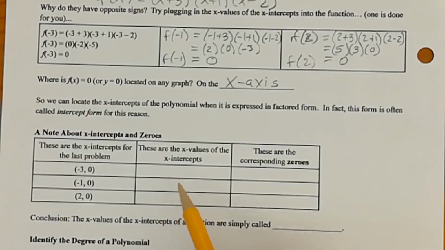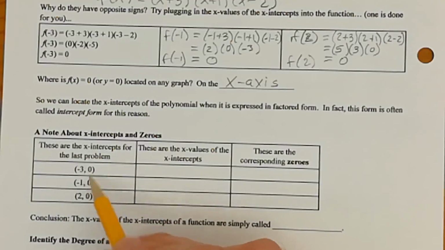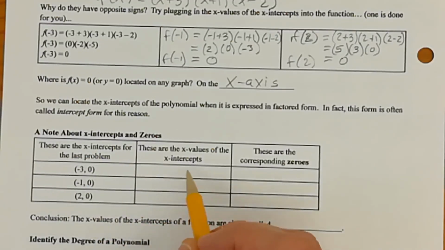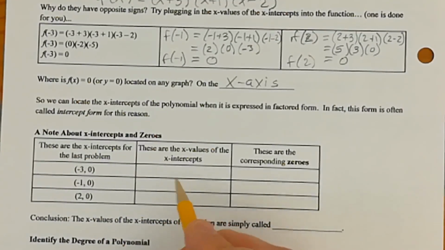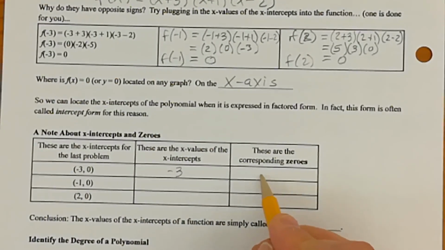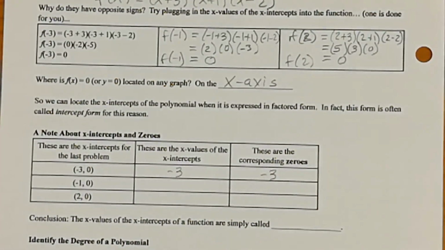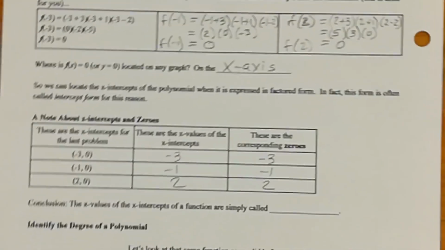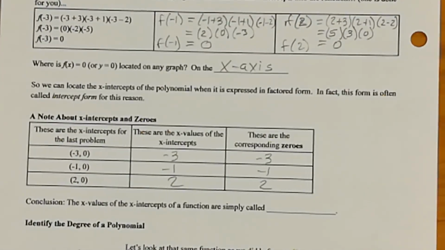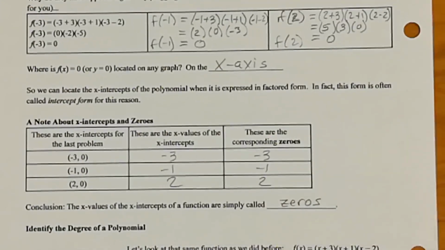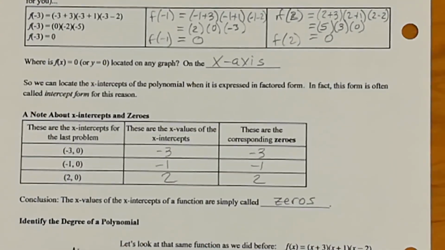These were the x-intercepts for that last problem. The x values of the x-intercepts, this one's -3, and that's the 0 there too. So the conclusion here: the x values of the x-intercepts of a function are simply called zeros. We've talked about that before, but I just wanted to mention it here. We're going to see that a lot this unit.